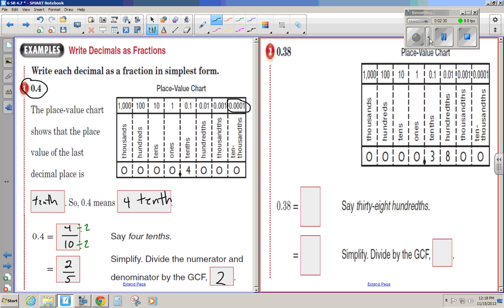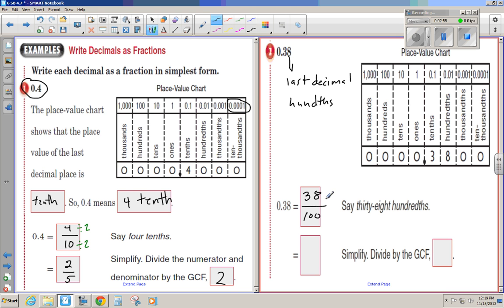So now here's this place value chart again. 0.38. This is the last decimal, and it's in the hundredths placeholder. So you put the number in the numerator and the placeholder in the denominator.